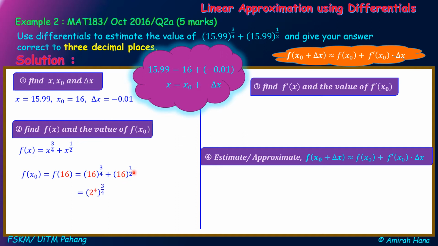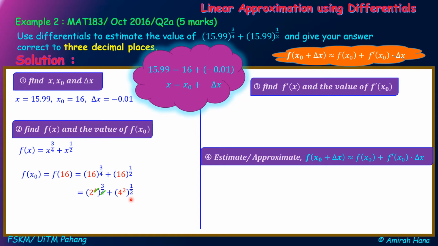If we solve without using a calculator, we can write 16 as 2 to the power of 4, because we have the bracket to the power of 3 over 4 here, so that we can simplify the 4 and the 4 in the denominator of the power. The other 16, we can write as 4 squared, because outside the bracket we have the power of 1 over 2.